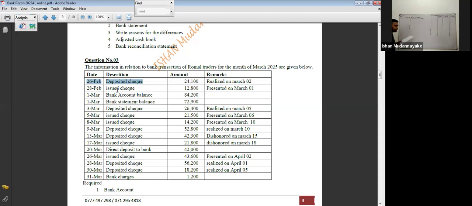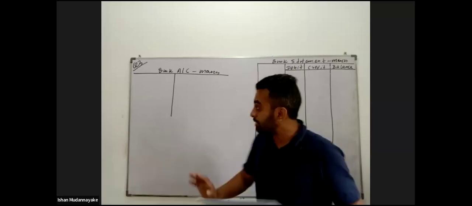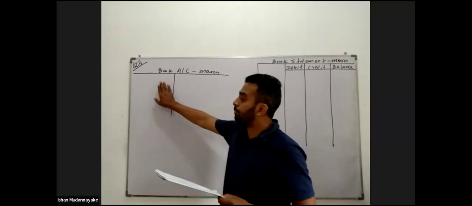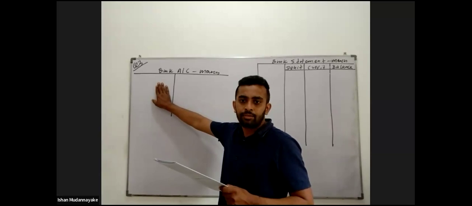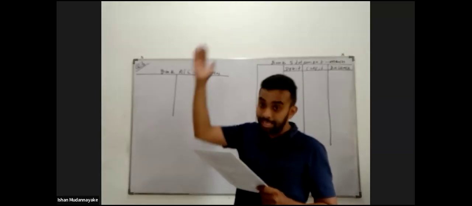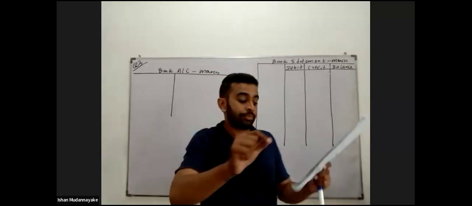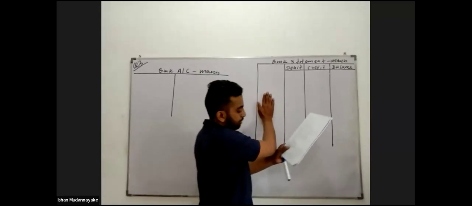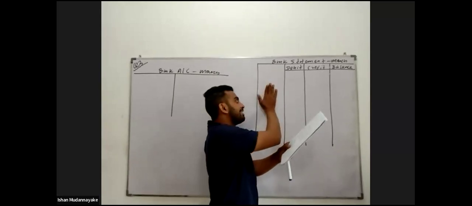With 26 February, that cheque does not need to be recorded in the bank account, because last month they have recorded it. But the realized date is 2nd March.